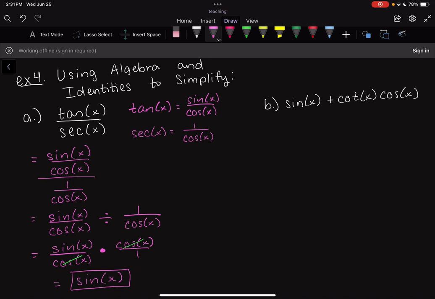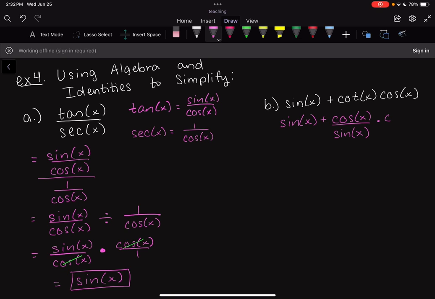Part B, I'm going to do a very similar thing. I'm going to change cotangent into its identity. So you guys think about what that is. Cotangent is cosine over sine.